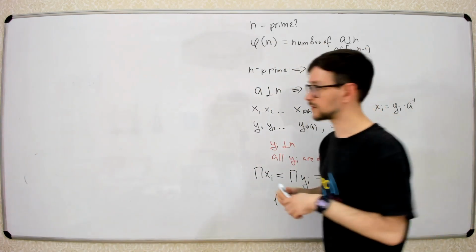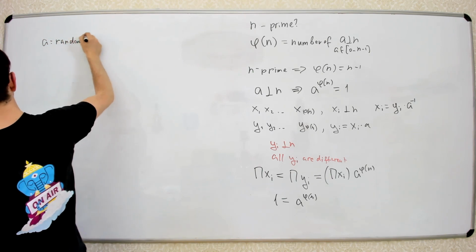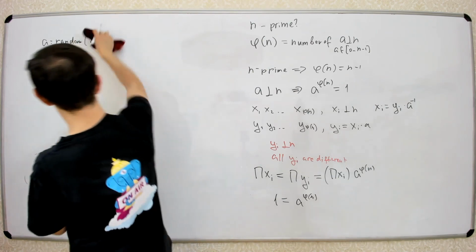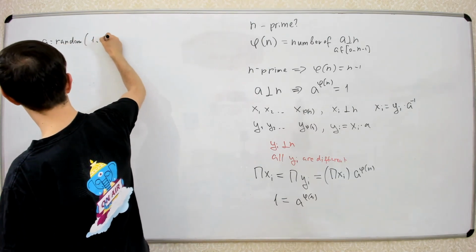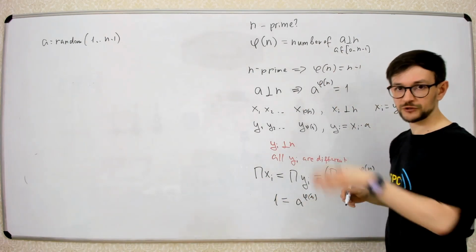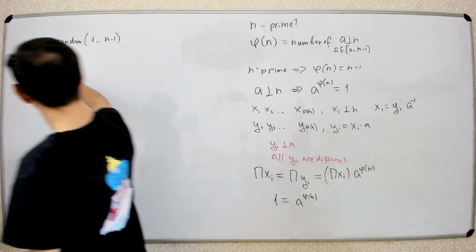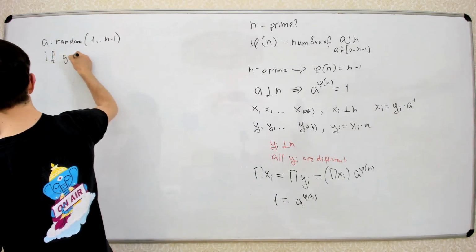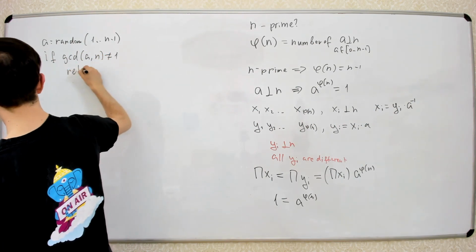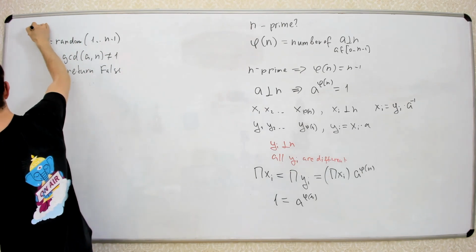Pick some random number from 1 to n minus 1, not 0, I don't want zeros. Then check if it is coprime with n. If it is not coprime, then n is not prime. So if GCD of a and n is not 1, then return false. That's called is prime of n.